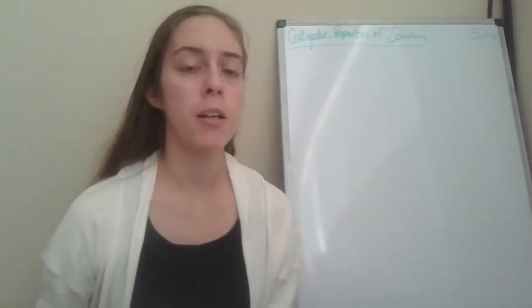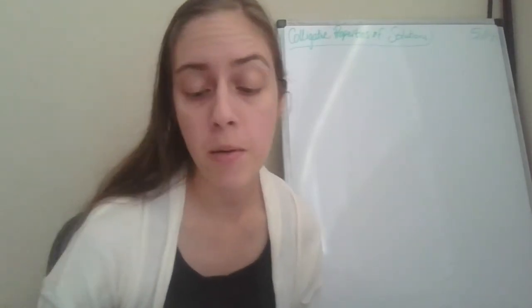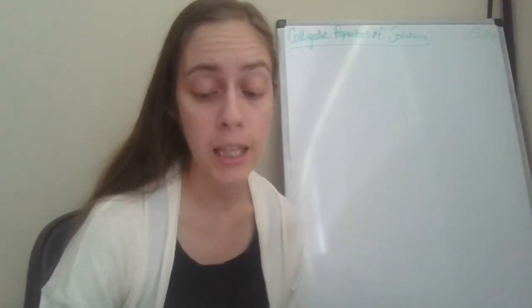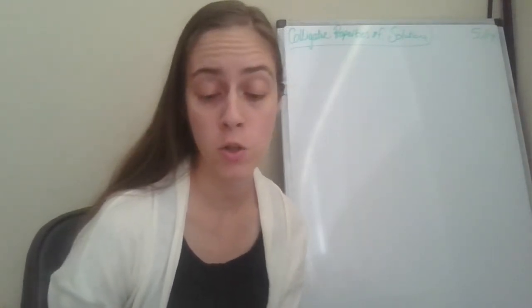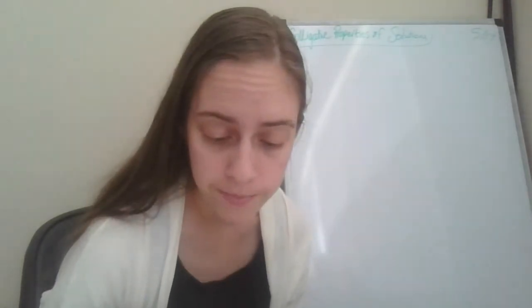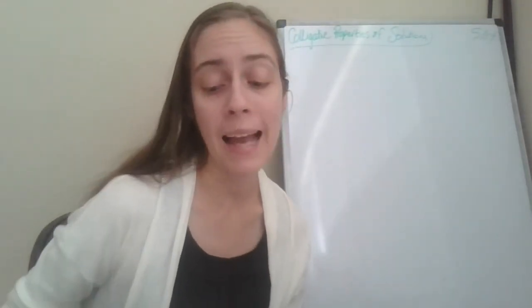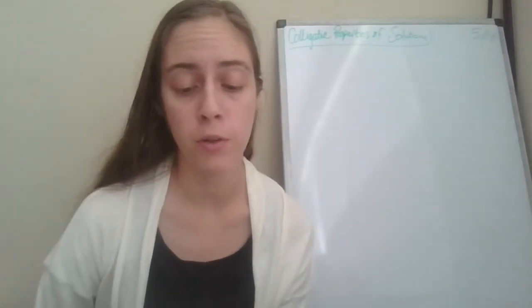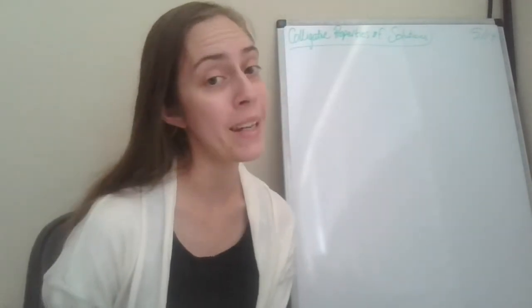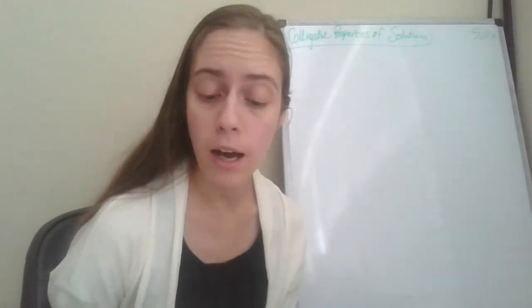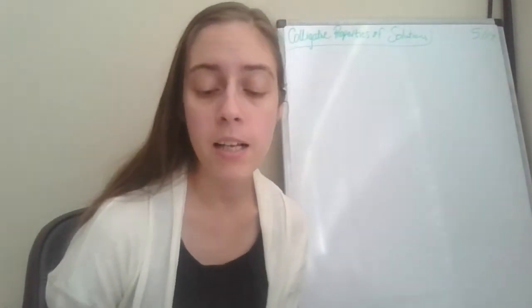So let's talk about electrolytes and colligative properties. In chapter 8, we learned that ionic compounds are called electrolytes because they dissociate in water to form a solution that conducts electric current. Some molecular compounds ionize in water and are also electrolytes. Those that produce only a few ions in solution are called weak electrolytes. Sodium chloride, for example table salt, is a strong electrolyte.